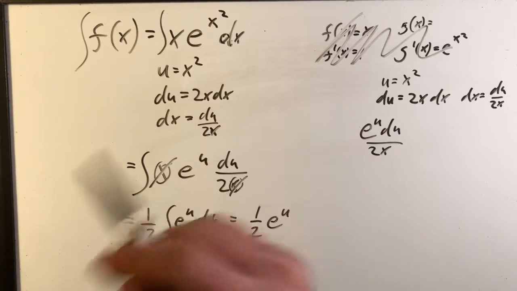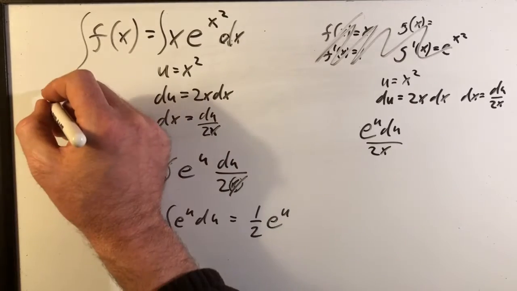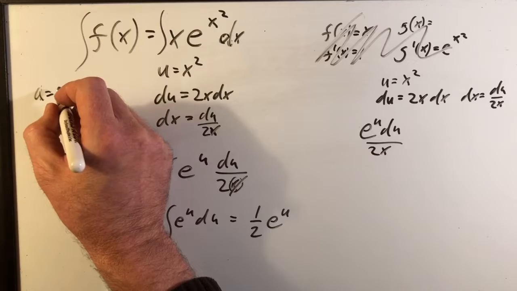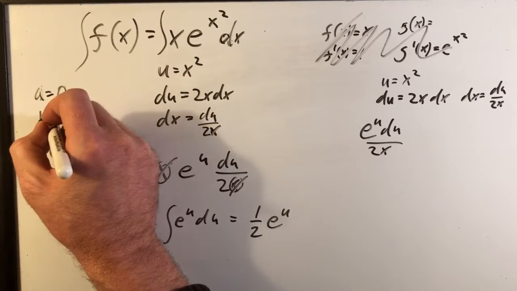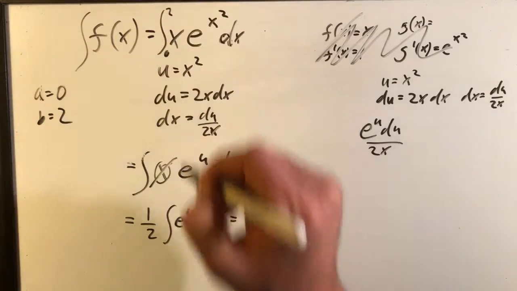Now let's assign this, because we're trying to work out an average example. Let's just say a equals 0, b equals 2. So this will be 2, 0 here.